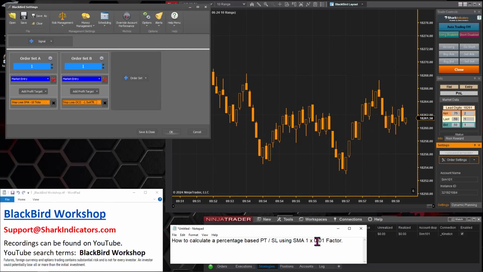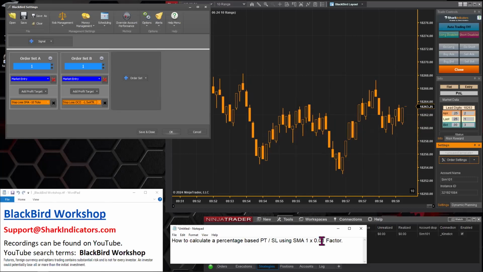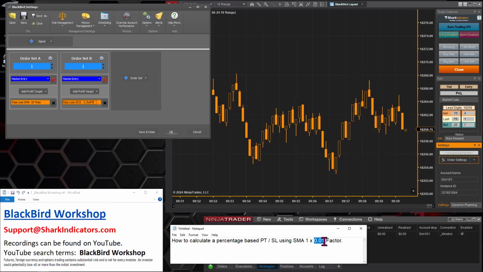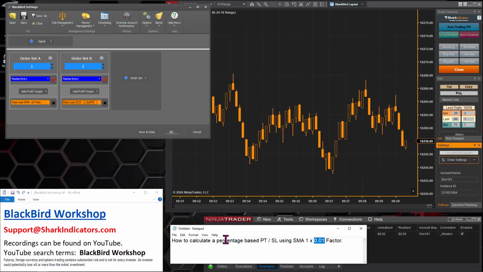You can see it goes out to 2 decimal points, so that would be 1% right there. We take the closing price obtained by using the SMA 1 period, and multiply it using the factor to specify what percentage we want to use as an offset.